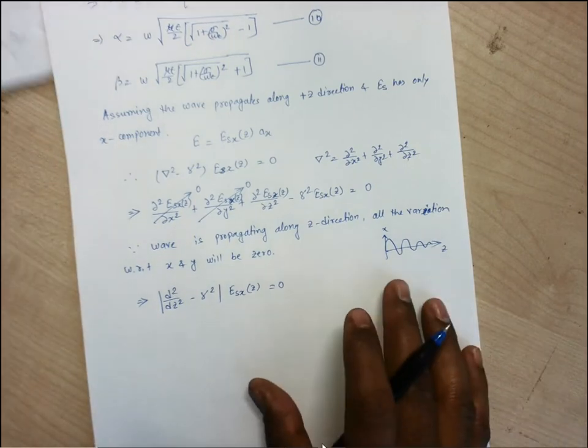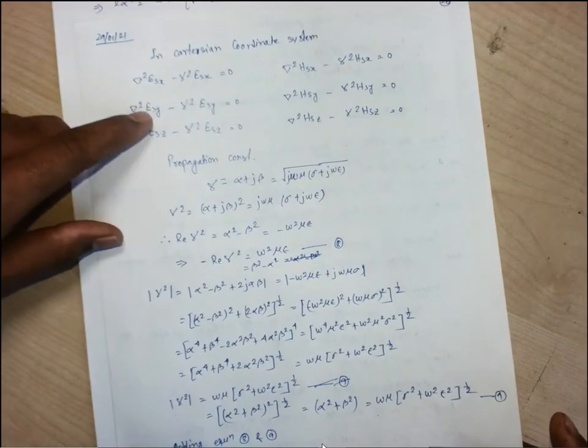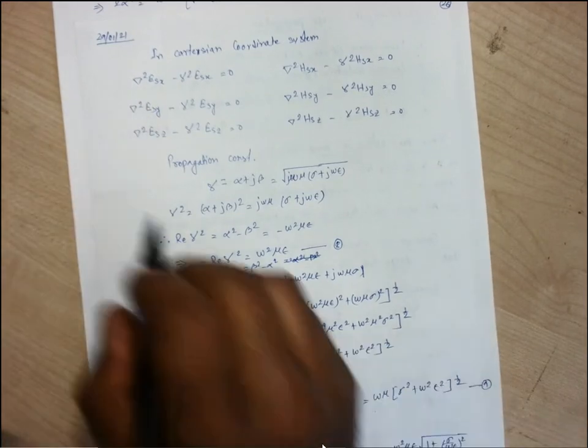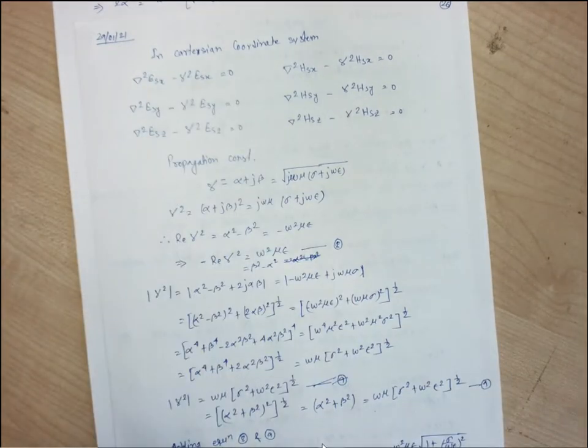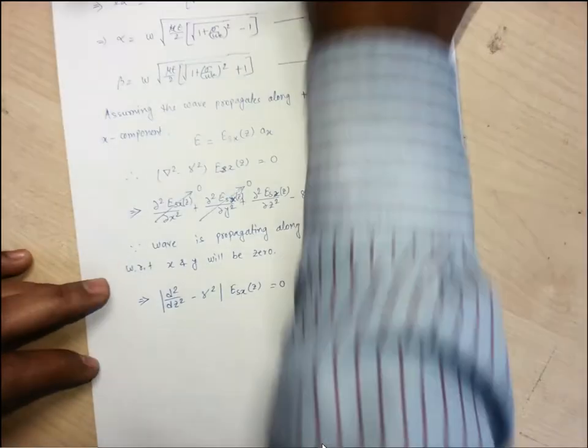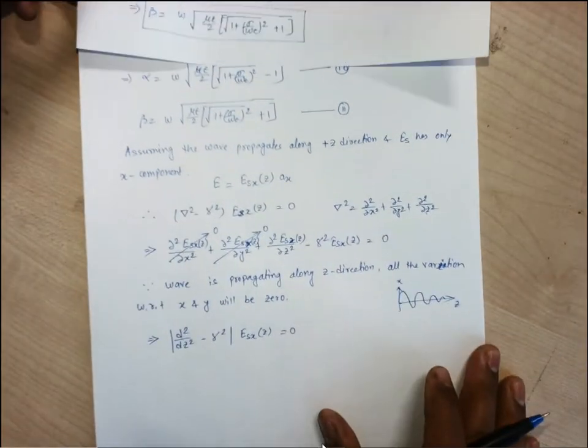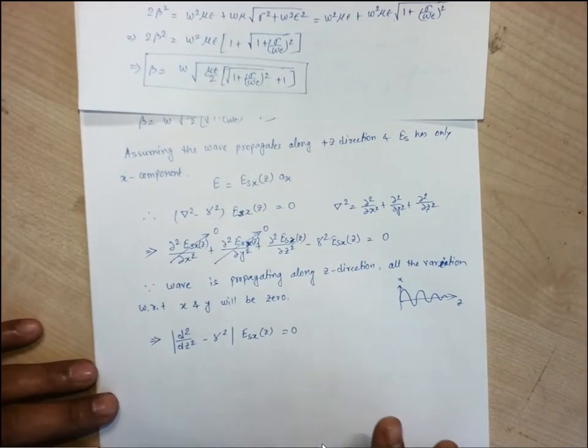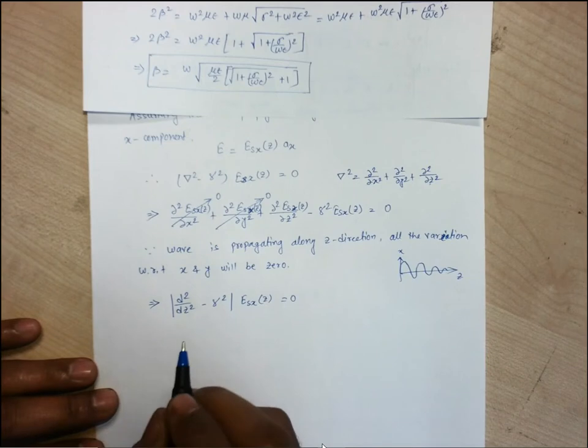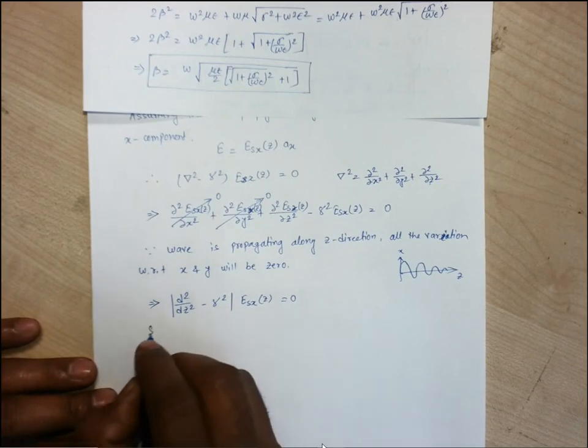Previously all those equations are known as vector wave equations because we have not isolated the variation. We considered del square, which has the variation in all three directions. So for this case we have identified where our particular variation for the wave propagation is. So this kind of equation is known as scalar wave equation.